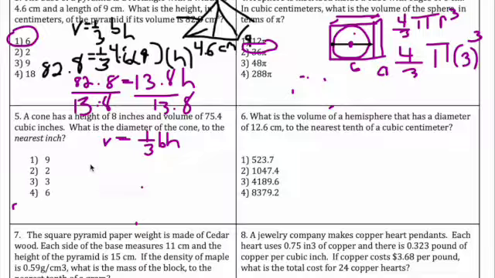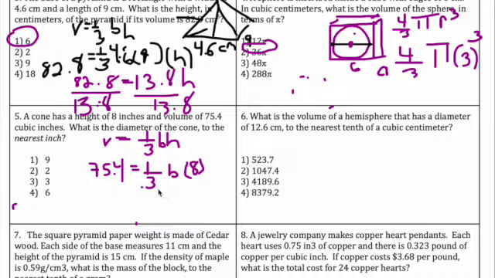So we have 75.4 equals 1/3 base height. I'm not going to rewrite the height out again. So we have 1/3 base, right, and the height is 8.